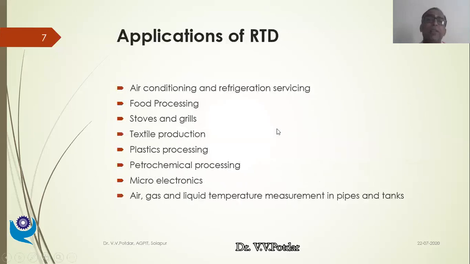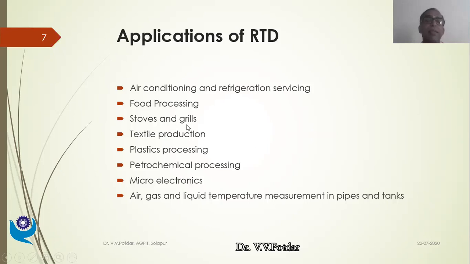The applications, quickly we'll see. Air conditioning, refrigeration, servicing, RTDs are used. Food processing industries, maybe biscuit industries, milk product industries, bakery product industries. So there we find use of these RTDs.